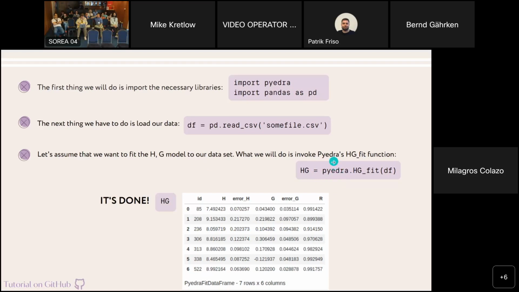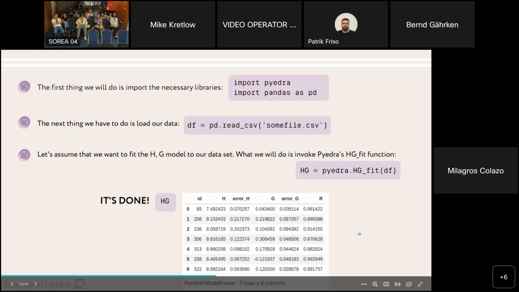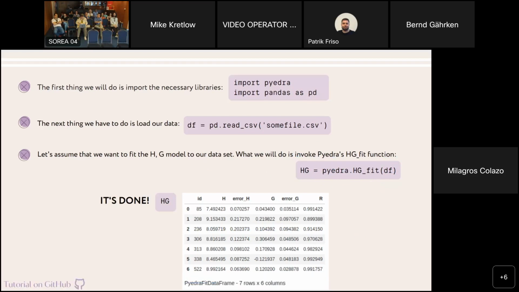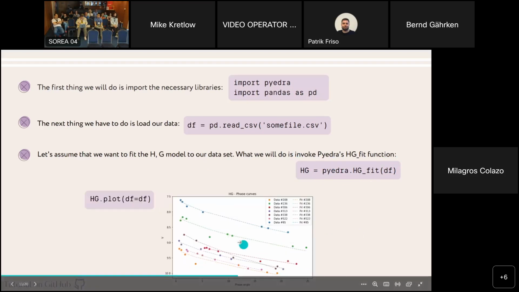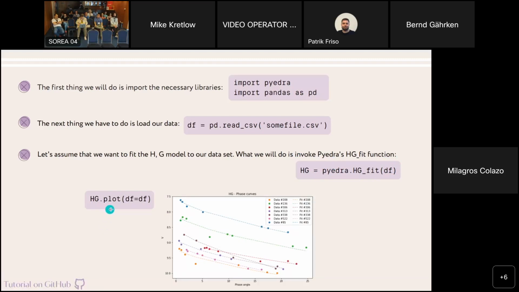So you just do piedra.hgfit and you give it the data frame, and it's done. So only with 3 steps, you can have your HG catalog of phase function parameters. And as I said before, if you want, you can plot it with another function of Piedra, which is hg.plot.